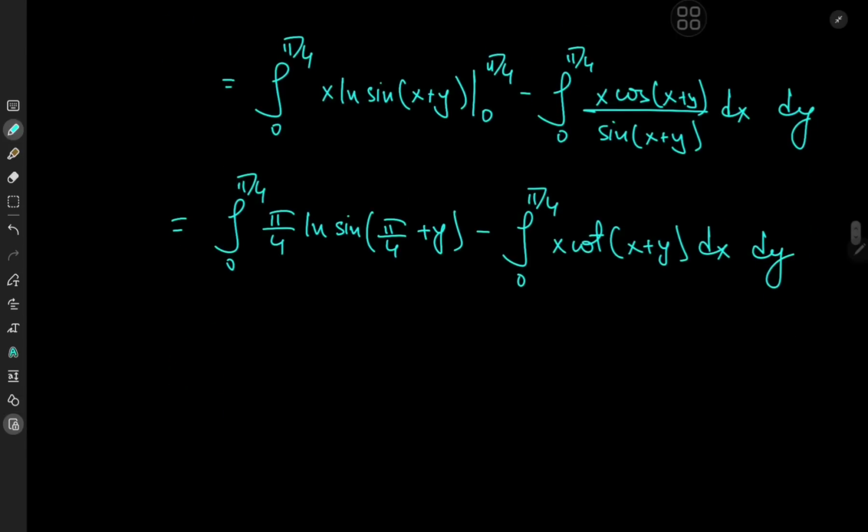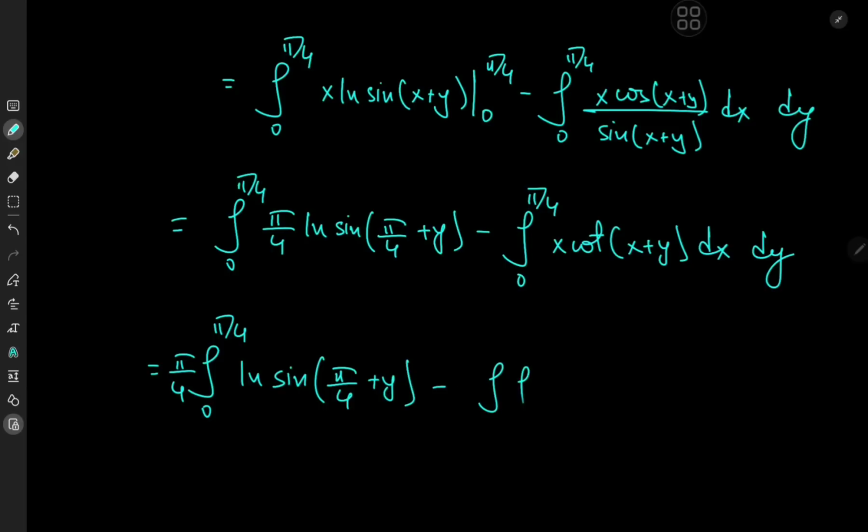And now once again using the linearity of the integration operator, we have pi by 4 times the integral from 0 to pi by 4 of log sin(pi by 4 + y) minus the double integral from 0 to pi by 4 and 0 to pi by 4 of x times the cotangent of (x + y) dx dy.